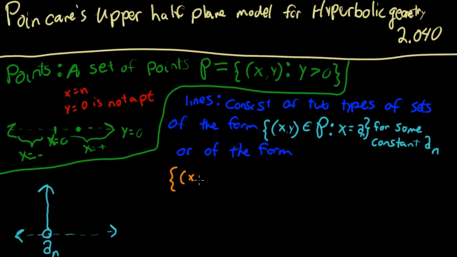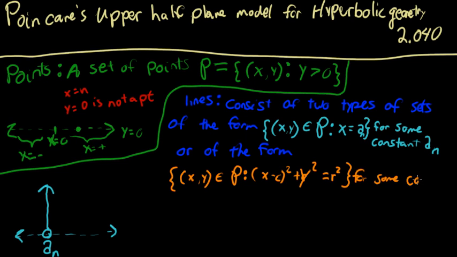So that'll be of the form x comma y, such that those are elements of our points, such that x minus c squared plus y squared equals r squared for some constant c.